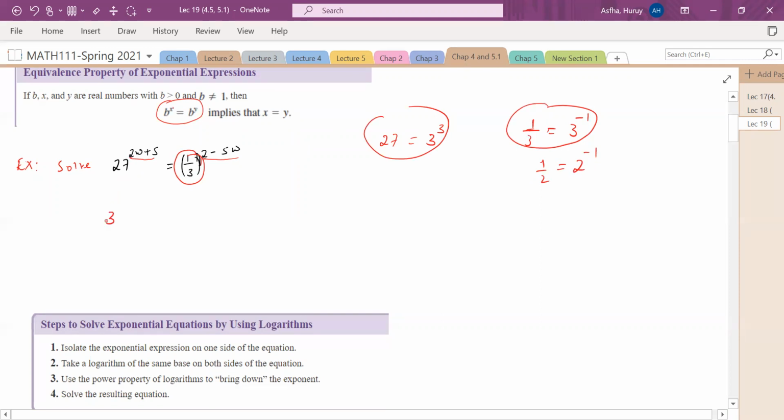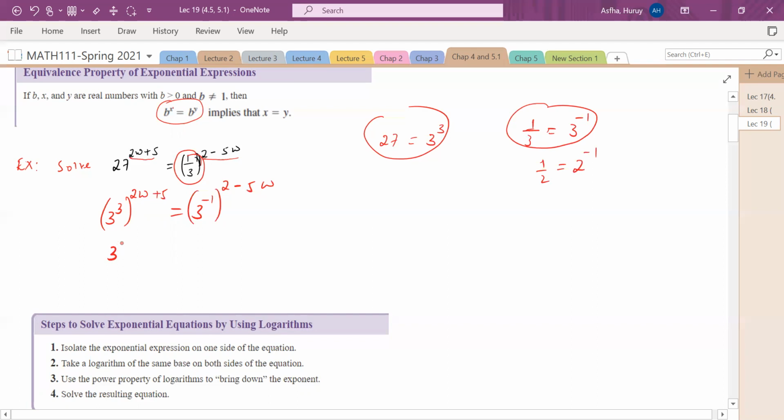The first one will be 3 cubed, which is just the 27. I will use parentheses now, so we write (2w plus 5) equals, and the 1/3 is 3 to the -1, again with parentheses, then (2 minus 5w). We are getting there: we have the same base, but we need to rewrite a bit so it will be clear.